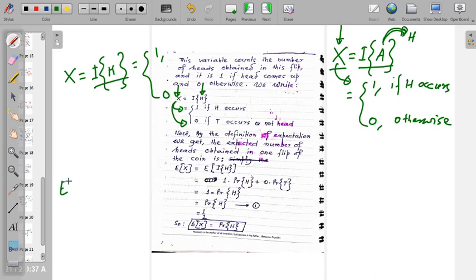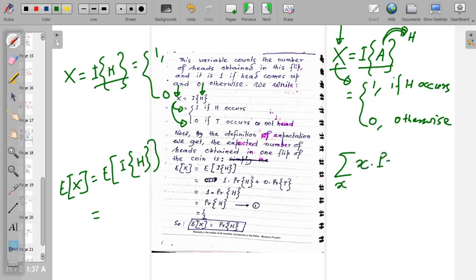Now if I try to find the expectation of this indicator random variable, then with the definition of expectation, it is the sum over all x of x times the probability that X equals x. We have already seen this.